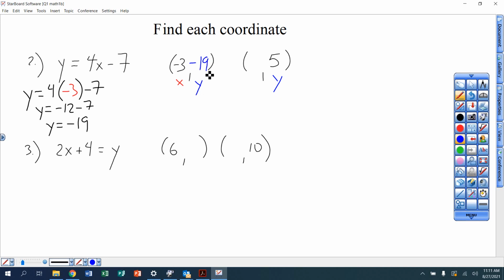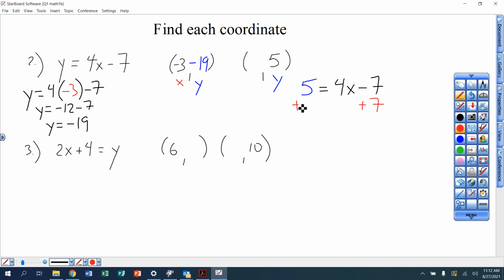This next problem, though, I'm not plugging in the negative 3 for x. For this one, I'm plugging in the 5 for y. So here I go. 5 goes in for the y. And now I'm solving for x. This is a two-step equation. The first thing to do is do the opposite of this minus 7, which is adding 7 to both sides of my equation.